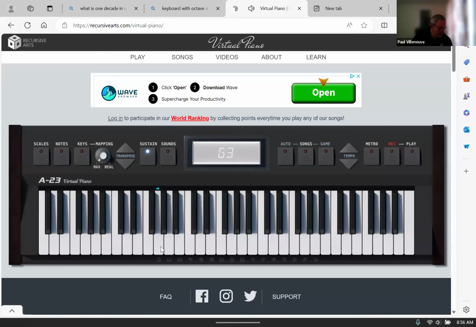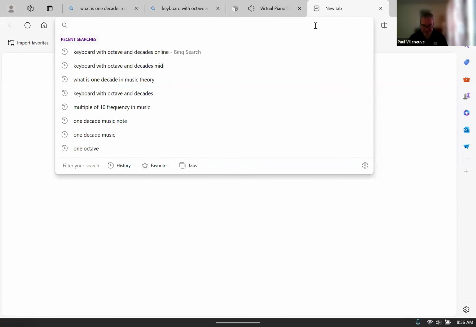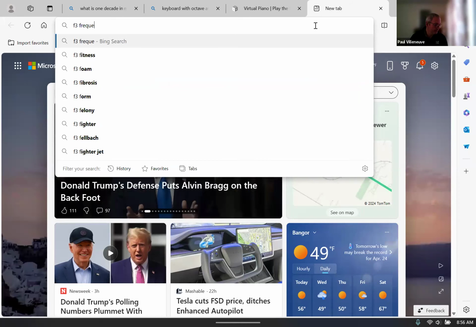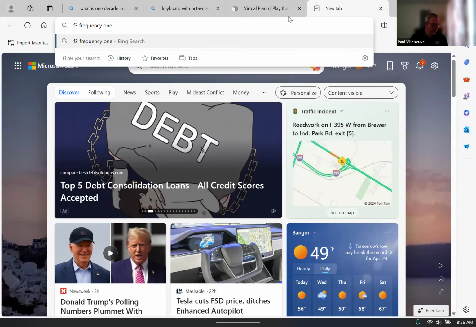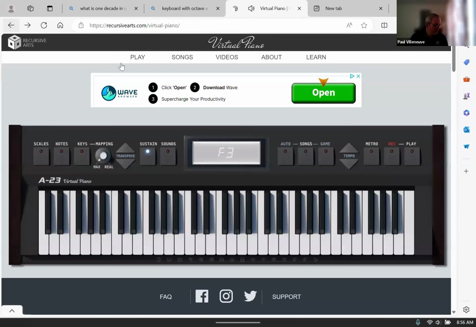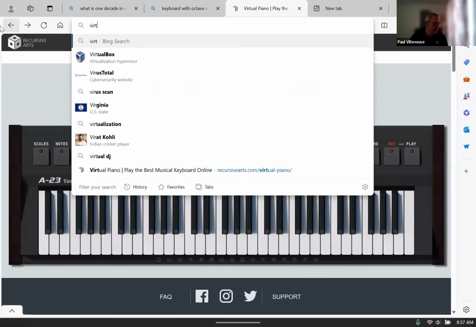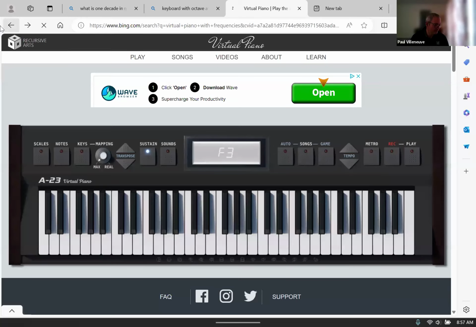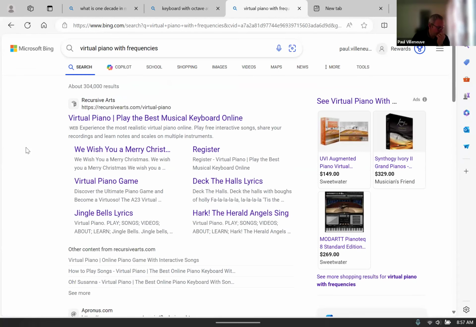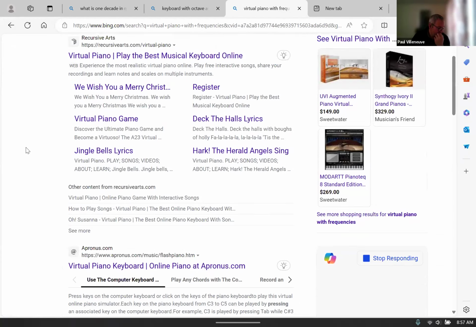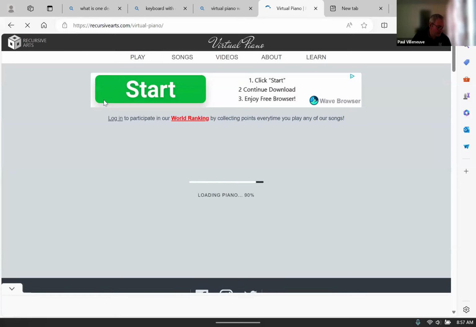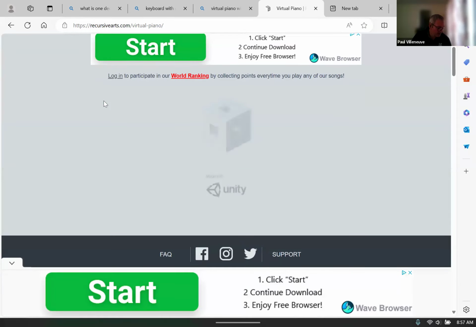So let's see. Let's pick a key. Let's pick F3. Actually, you know what? Let's try this. See if we can find it this way. If it would say the frequencies, we could actually play it, but I don't know if there's one that actually shows the frequencies.